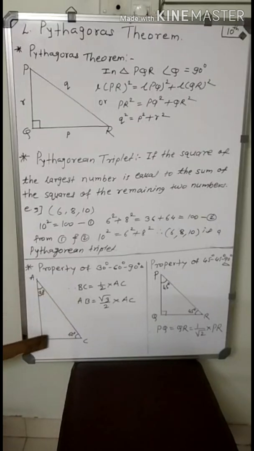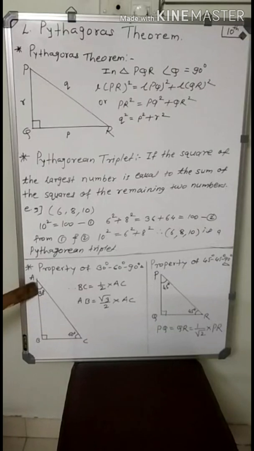Suppose in triangle ABC, angle B equal to 90 degrees and angle A equal to 30 degrees. Then what is this property? The side opposite to 30 degrees is half of the hypotenuse. So the side opposite to 30 degrees is side BC.